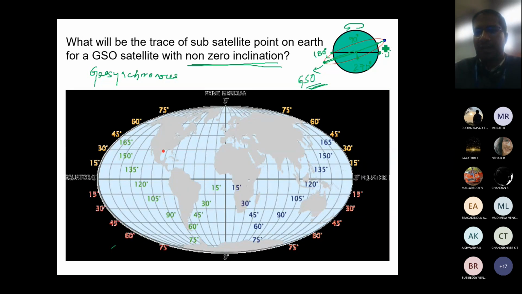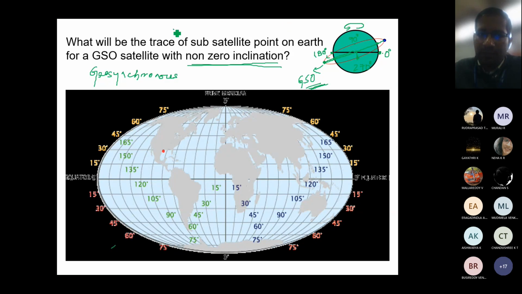Okay, so what we observe is that sometimes the sub-satellite point is north, sometimes it comes to the equator, sometimes it goes to the south, again it comes to the equator, again it goes towards the north. So this is the movement of the sub-satellite point. So what is the trace?